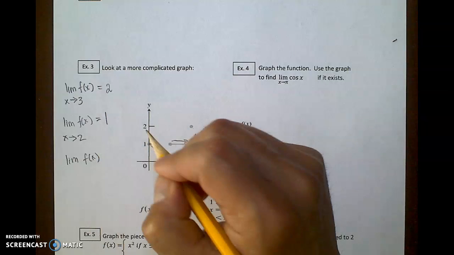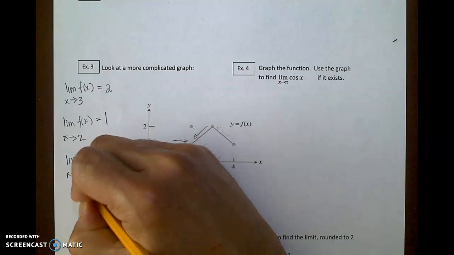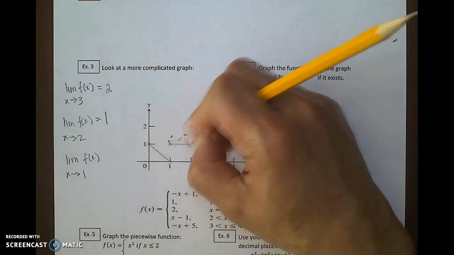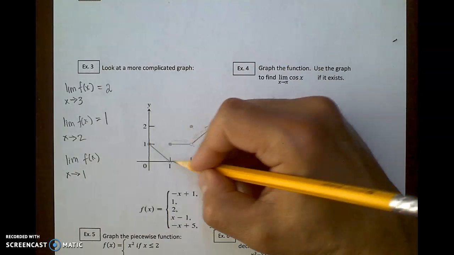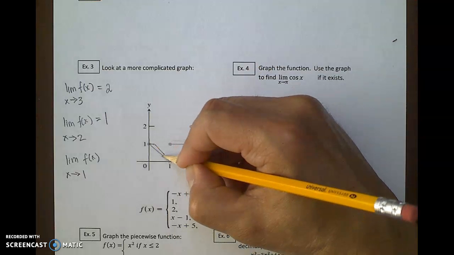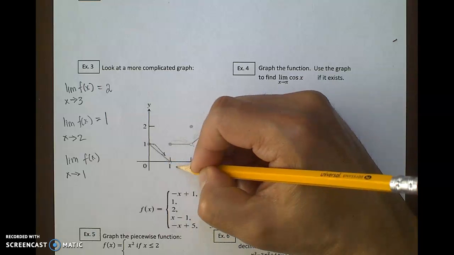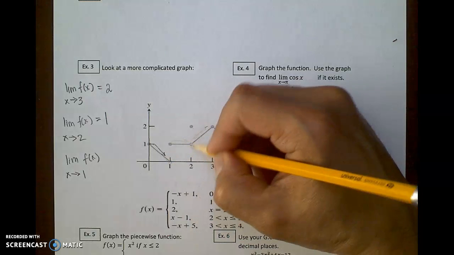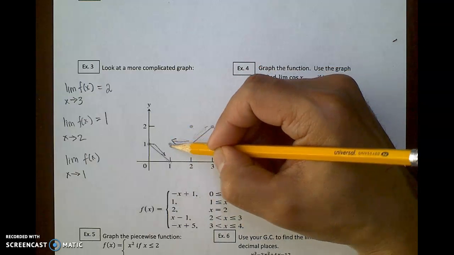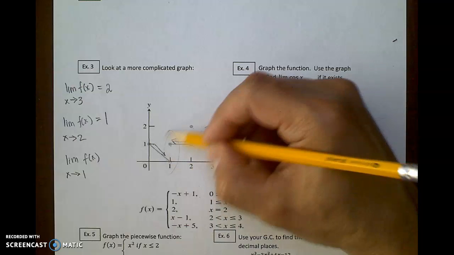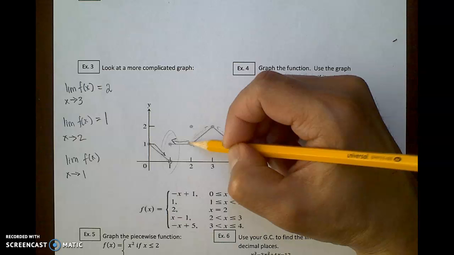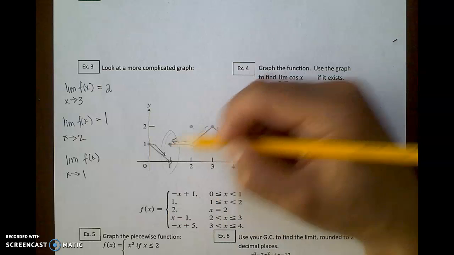Limit of this function as x approaches 1. Alright, so here's 1 on the x-axis. So coming in from the left, we're going here. Coming in from the right, we are approaching this value, approaching this x value of 1. Coming in from the left, we're going to this undefined value. Coming in from the right, we're approaching this defined value.